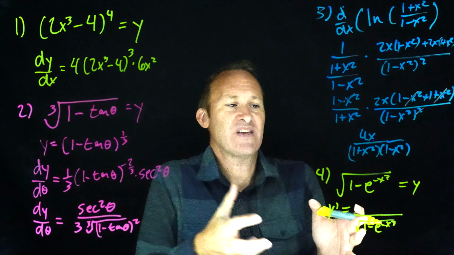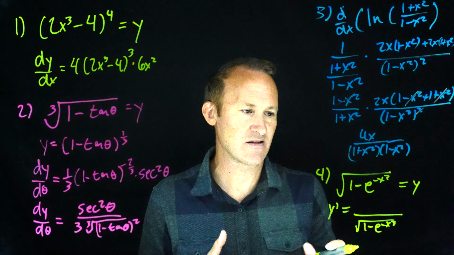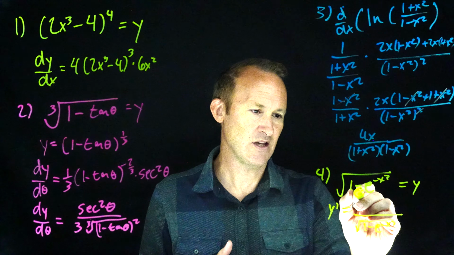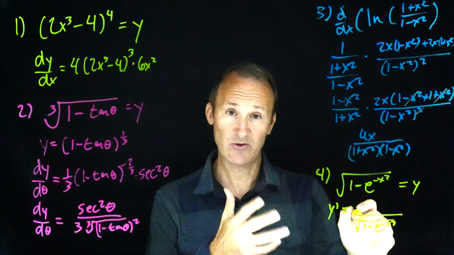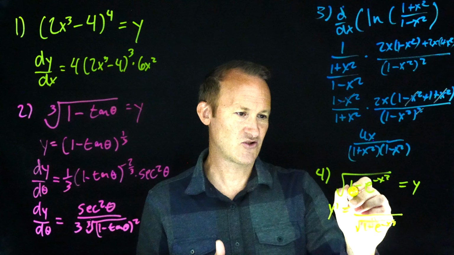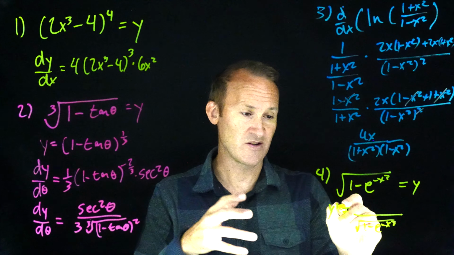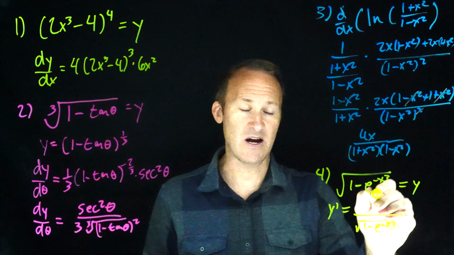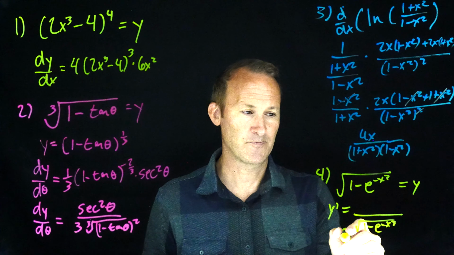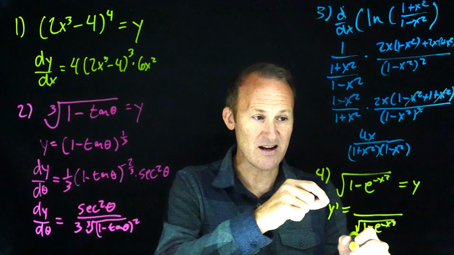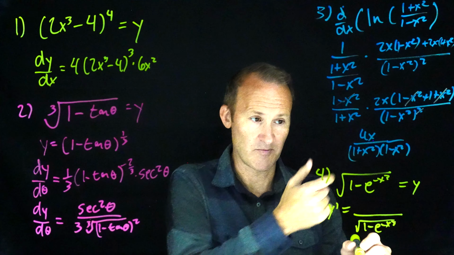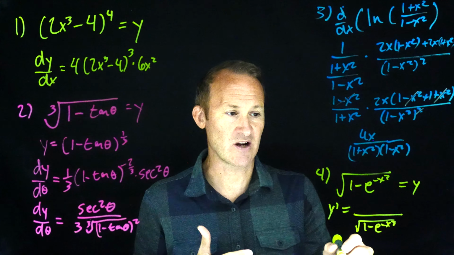Now I've got to take the derivative of the inside of the function. Well, what's that? I've got a negative e to the negative x cubed. What's the derivative of that? Well, it's 1 minus that. It's simply the 1, derivative of 1 is 0, so it's going to be negative e to the minus x cubed, okay? Times, it's like a triple chain here, times the derivative of what's in the power, which is going to be negative 3x squared.